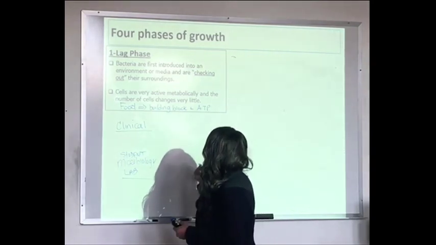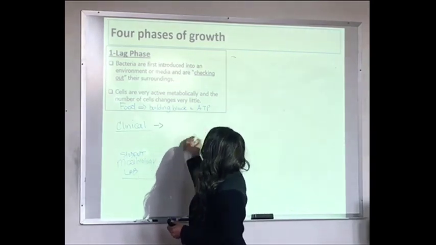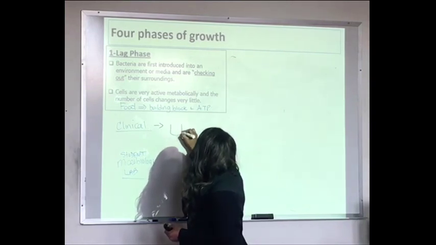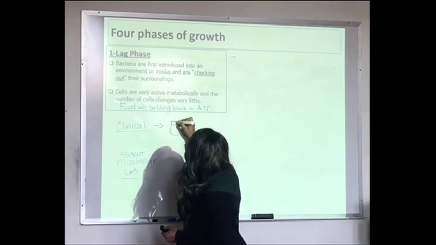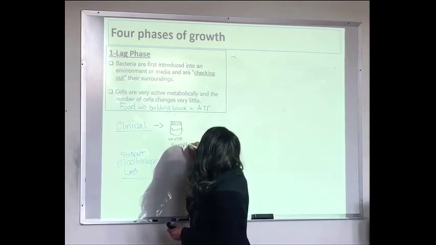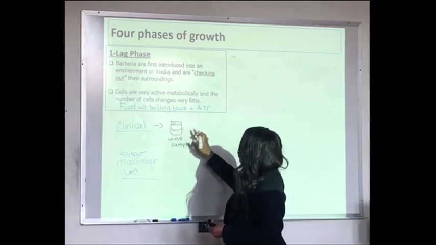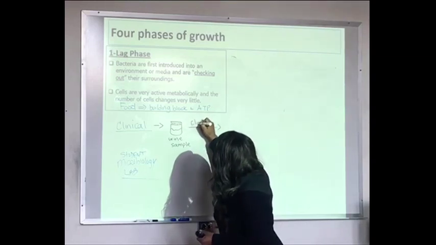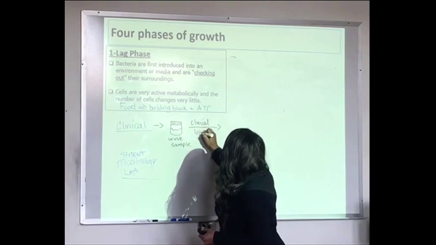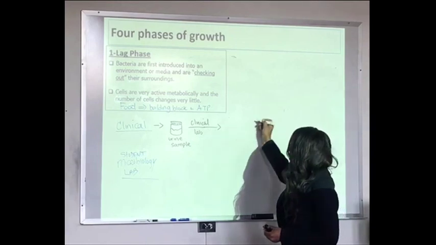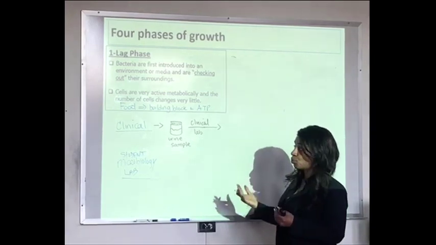In the clinical setting, if you get a sample from a patient, maybe there is a sick patient, and that sick patient will give a urine sample if they have a UTI. That urine sample will go to a clinical lab where they will grow whatever's in the urine. They want to grow it with food.